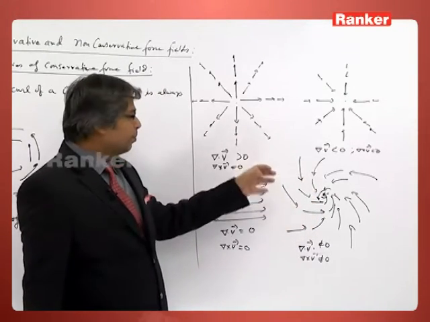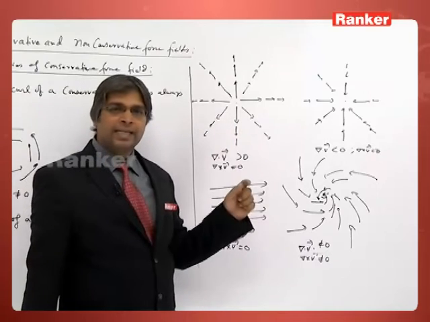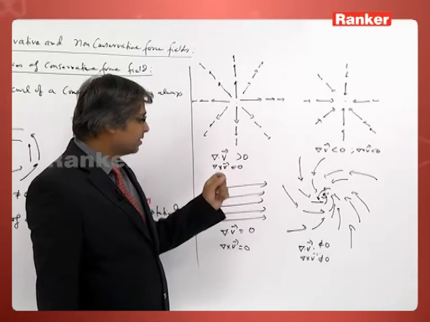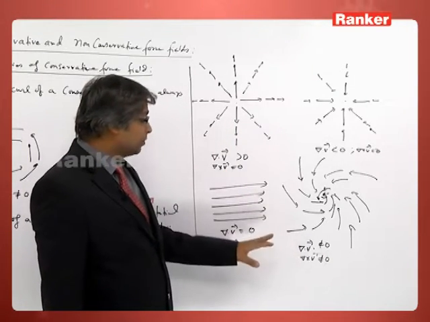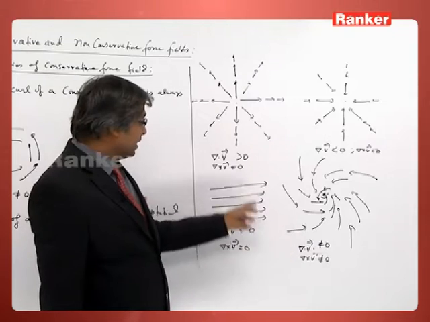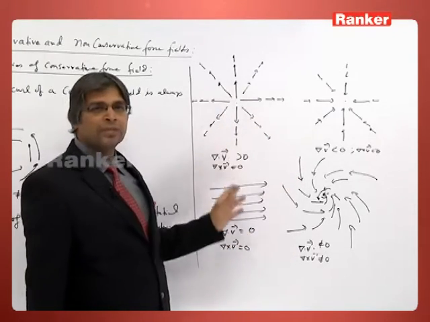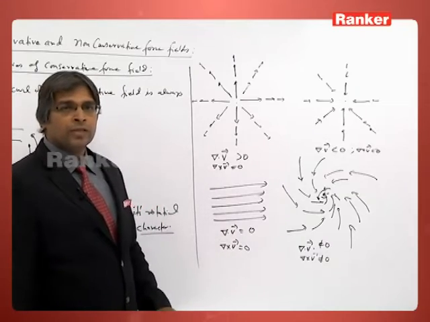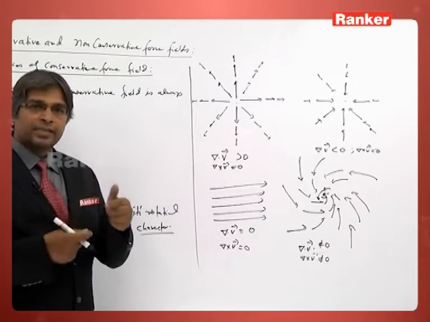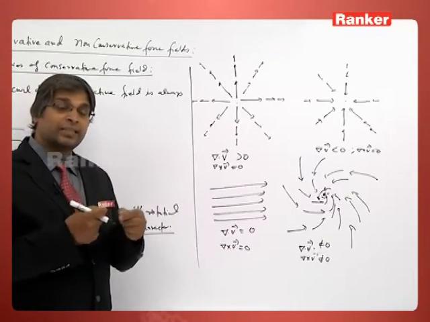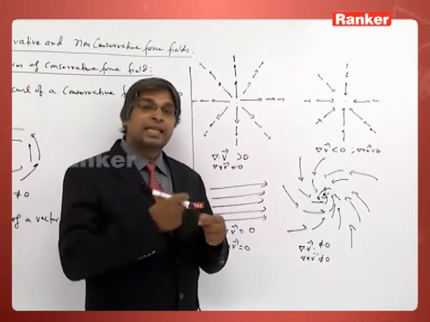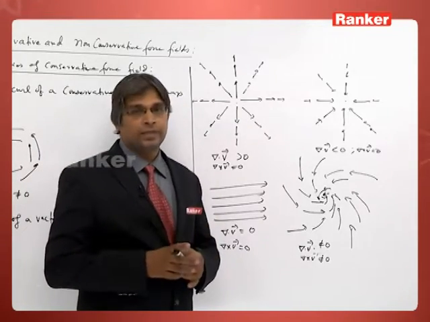The most important point in determining a conservative force field is that its curl must be 0. Whenever the curl is 0, the force field becomes conservative. So the curl is the parameter which tells the rotational character of a force field.